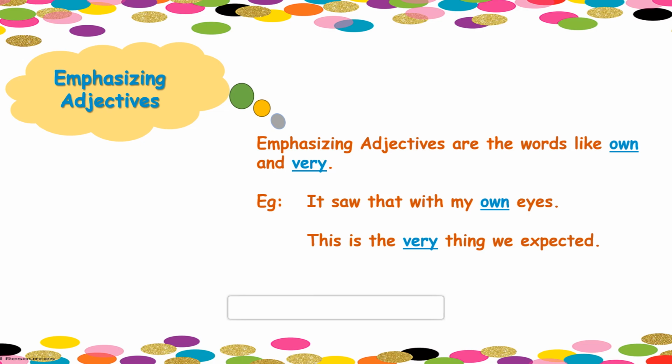This is the very thing we expected. Understood? So very is used in order to emphasize. You remember, emphasizing adjectives are own and very. They are used in order to stress any particular idea, and they are own and very.